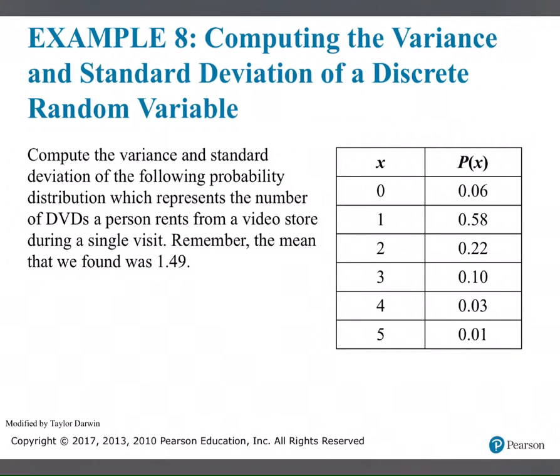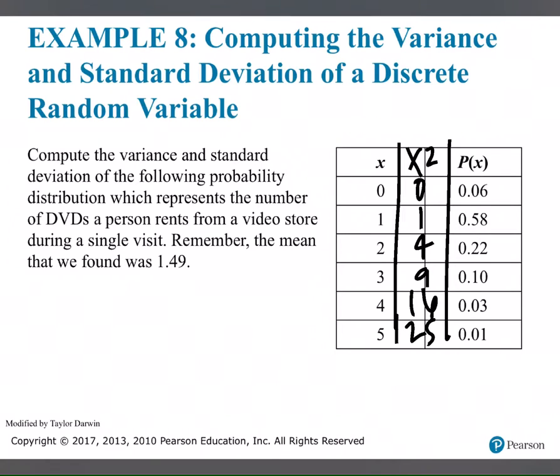So we want to compute the variance and standard deviation. And in order to do that, I need to find my x squared. So I'm going to create another little table here. So my x squared, so 0 squared is 0, 1 squared is 1, 2 squared is 4, 3 squared is 9, 4 squared is 16, 5 squared is 25. And I'm going to write this formula up here.